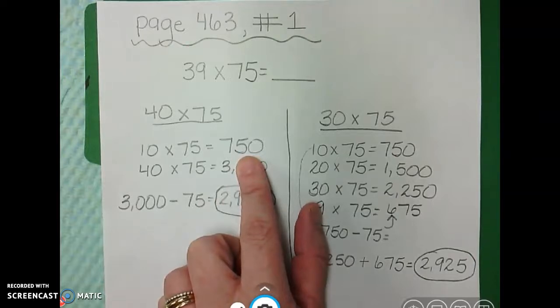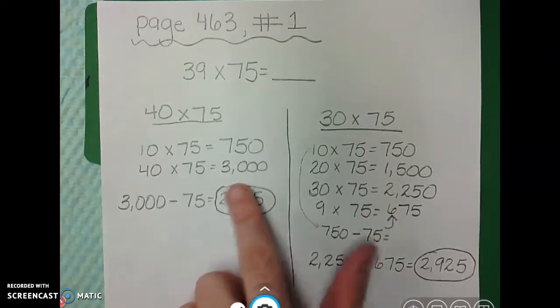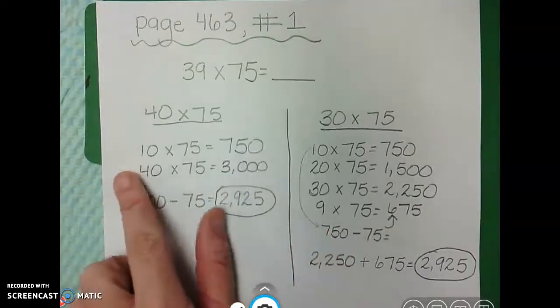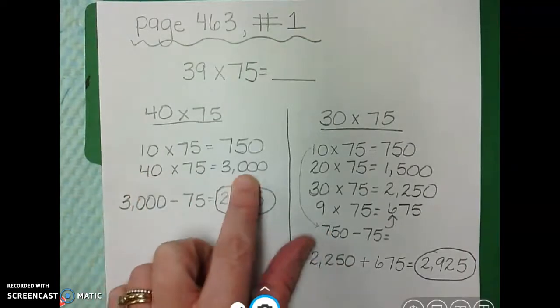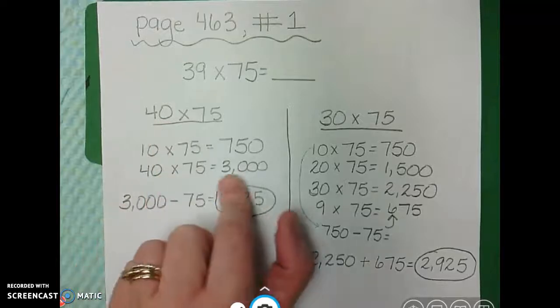So what would 750 times 4, or 750 plus 750 plus 750 plus 750, be? Or 40 times 75? That answer would be 3,000. Now again, we're still looking at 40 times 75 and not 39, because 40 has become our friendly number.